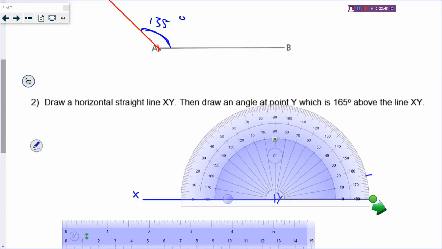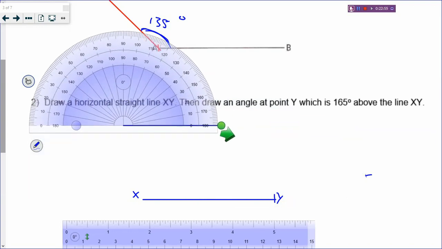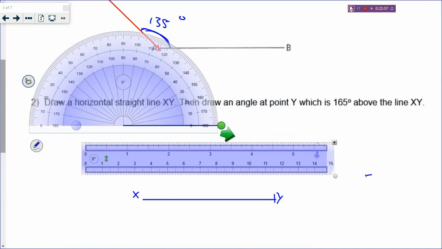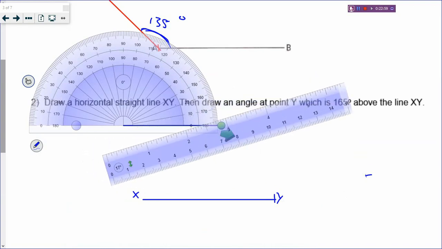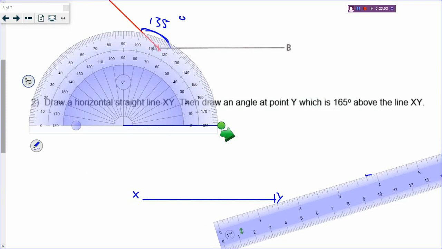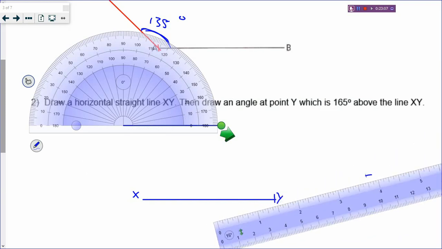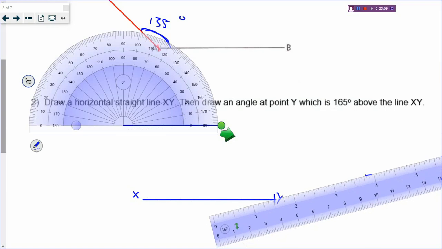Then after that, what do you do? Put a little marking. Once you found the 165 degrees, you put a small little marking there. Then adjust your ruler. Make sure the ruler crosses through the marking, and it also has to touch the end of the XY, the ending point of the line.